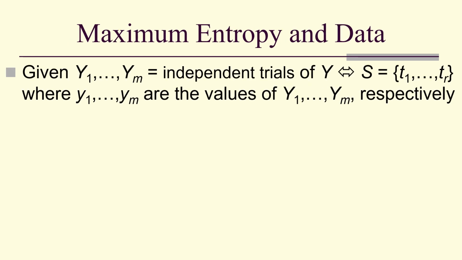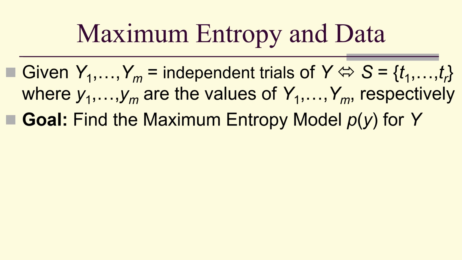We can also use maximum entropy with data. So suppose we have independent trials of Y corresponding to some set of numbers or tags. Usually these are numerical labels for classes of a classifier, and the actual values will be little y1 to little ym.